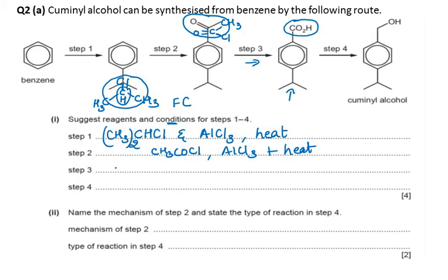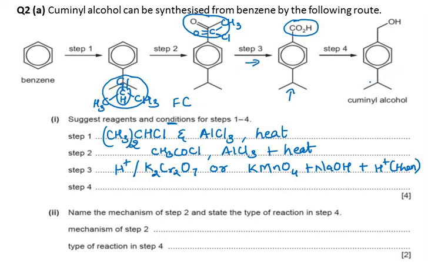We can write any one, that is acidified potassium dichromate, or you can also write alkaline KMnO4. So you can write KMnO4 plus NaOH, and then we have to acidify this reagent. So at the end you can write H plus also. So this is the reagent for the oxidation of the side chain of benzene.